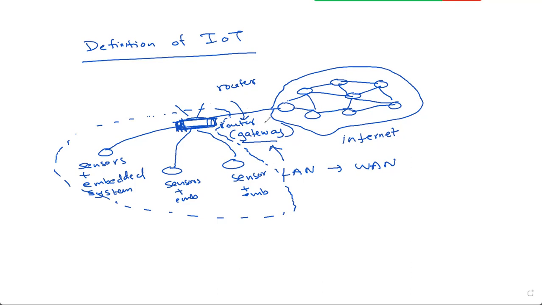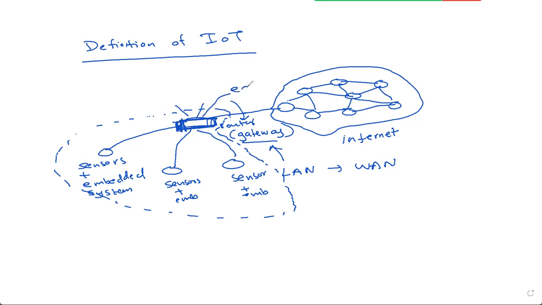Also, if required, we can call this router the edge server as well, because it acts as a processing unit at the edge of the network.